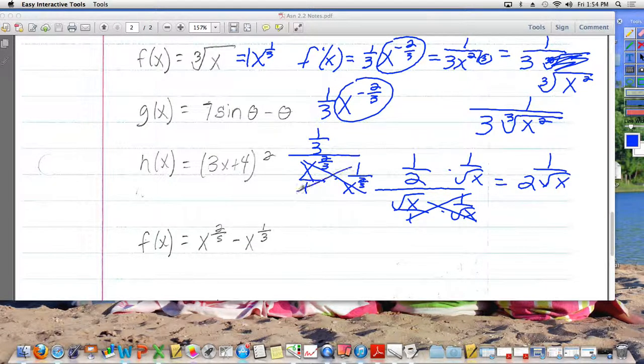These cancel out, these cancel out. On the top I have 1 over x to the 2/3 power, which leaves me with 1 times 1, which is 1. And then on the bottom we have 3x to the 2/3 power. So Lillian, this is what you were talking about. Yes. So you just skipped that. Yes, I skipped it all because I did it all on the previous problem, okay?